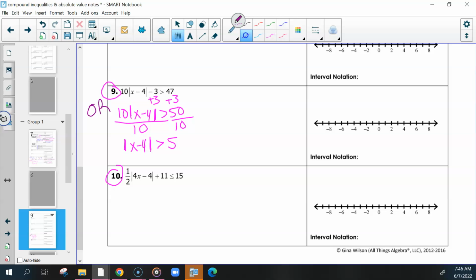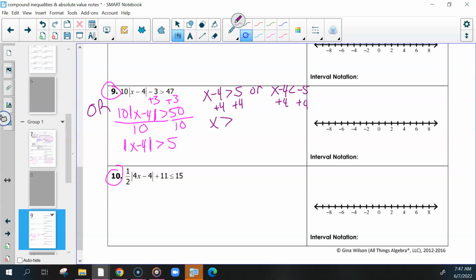So we can set it up as 2 different inequalities. X minus 4 is greater than 5, or x minus 4 is less than negative 1. And then solve both. Add 4 to both sides.